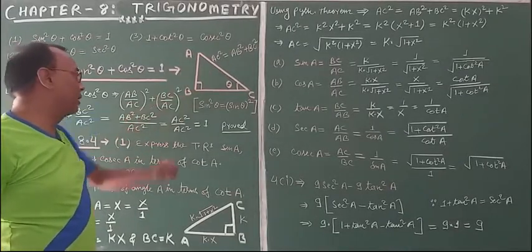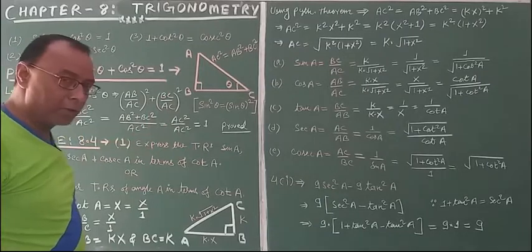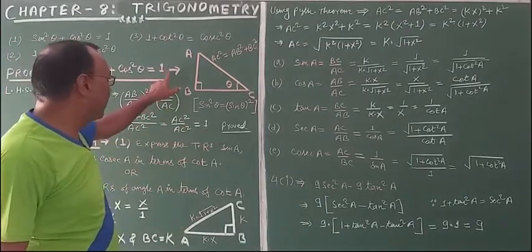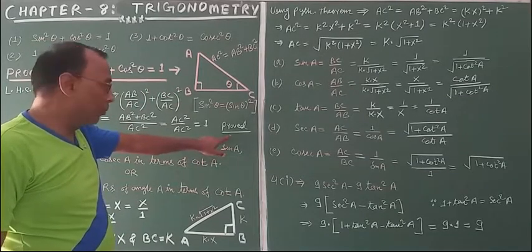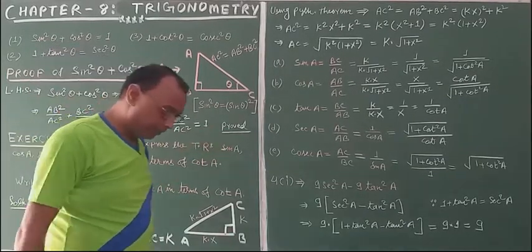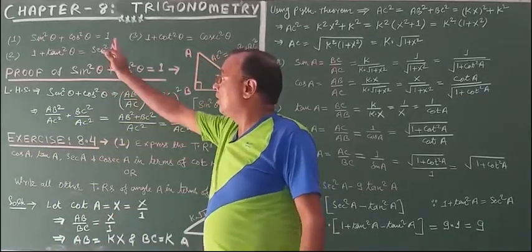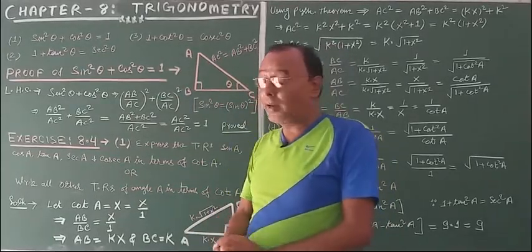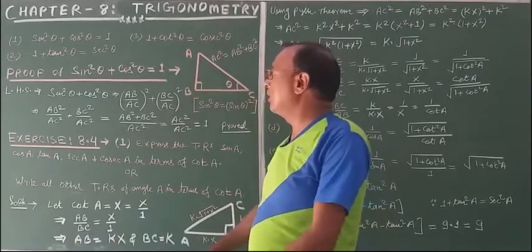That is AC square. So what will happen? AC square upon AC square, which is 1. And this is the right hand side of the identity. So that is proved now. Similarly, we can prove these two identities: 1 plus tan square theta is equal to sec square theta, and 1 plus cot square theta is equal to cosec square theta.